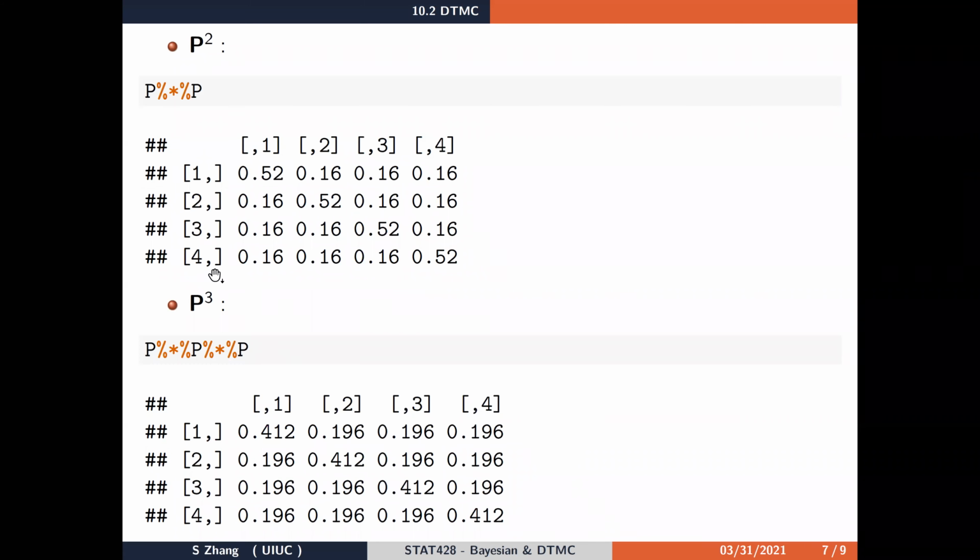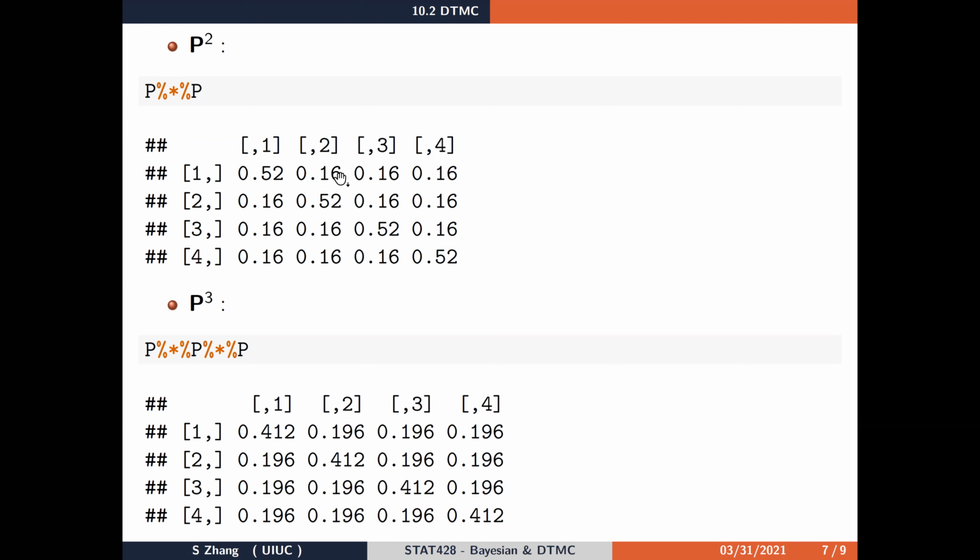When we raise P to the second power, we can see that P squared is equal to this matrix here. As an example, if you started in state 1, then there is a 52% probability you will stay in state 1 after 2 steps.